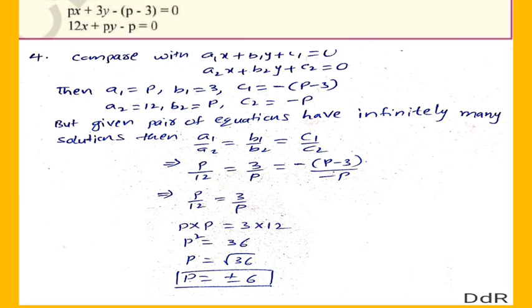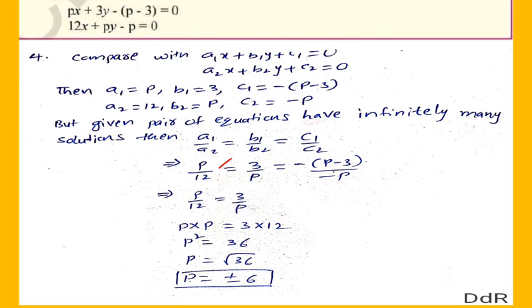To find the p value, use either the first two fractions, the last two fractions, or the first and last fractions. For your convenience, you can select any two fractions.